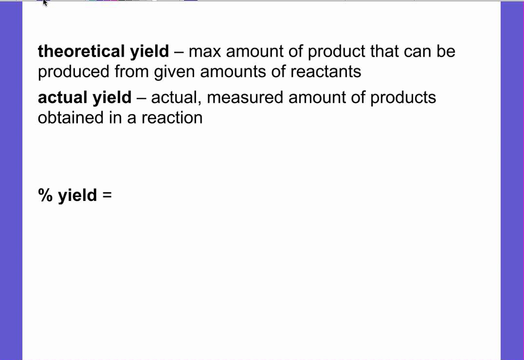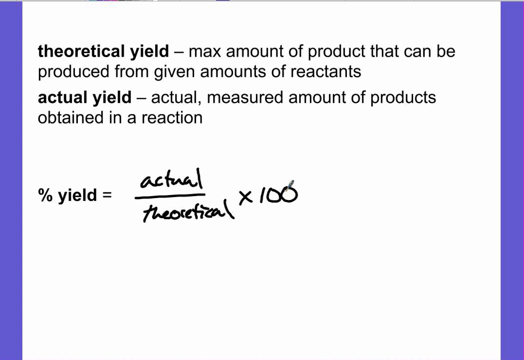So percent yield, in order to calculate that, you actually need to take your actual divided by your theoretical and multiply times 100. I believe that's already on your notes, but I need it up here to see it. Right, there's another way that I can write this though that might actually be more useful for some of us. It can be easier to set it up like this.